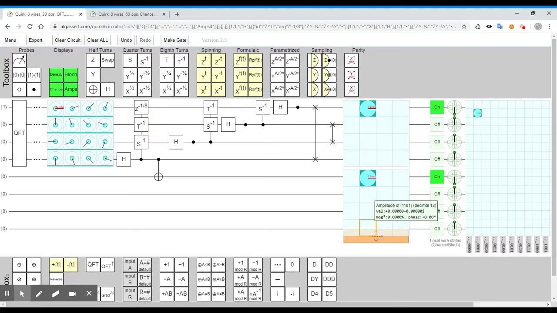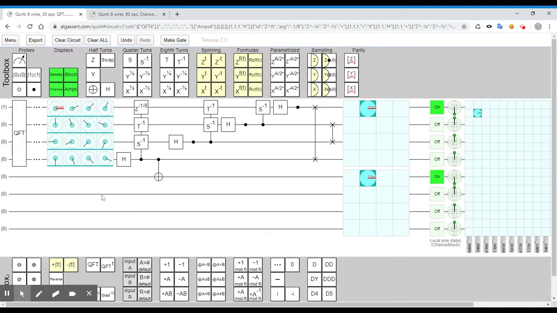If this qubit is 1, then we know the whole number must be odd, which means that this qubit must be 1. And if it's 0, the whole number must be even, so this stays 0.